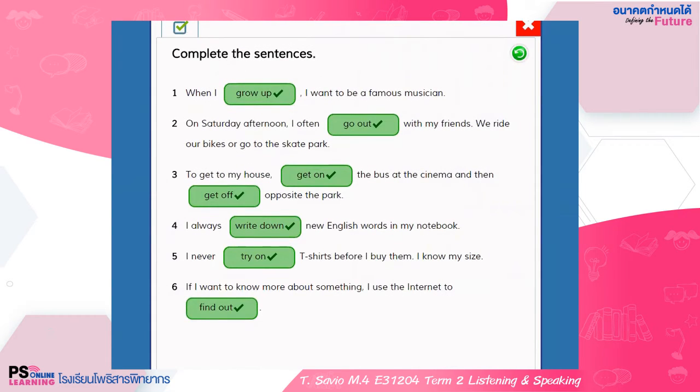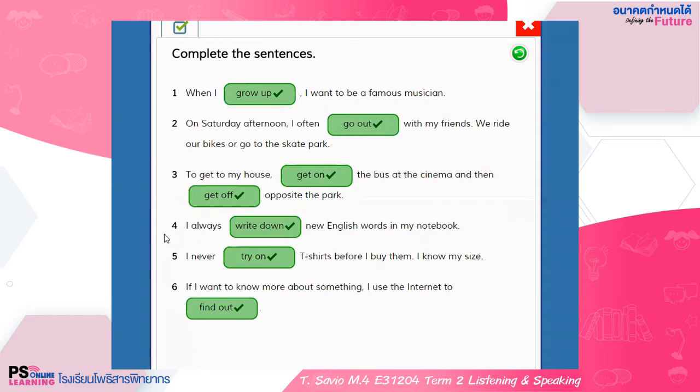Let's practice reading our sentences. Number 1. When I grow up, I want to be a famous musician. Number 2. On Saturday afternoon, I often go out with my friends. We ride our bikes or go to the skate park. Number 3. To get to my house, get on the bus at the cinema and then get off opposite the park.